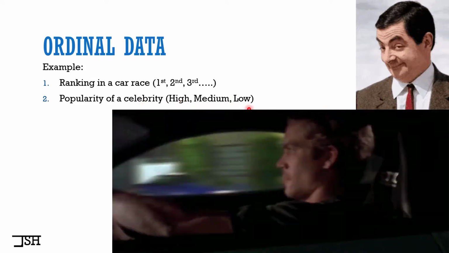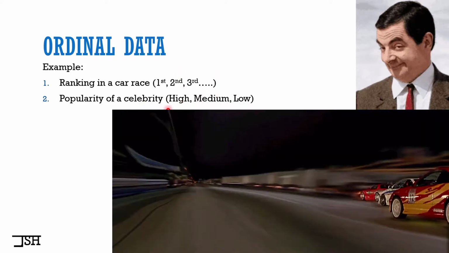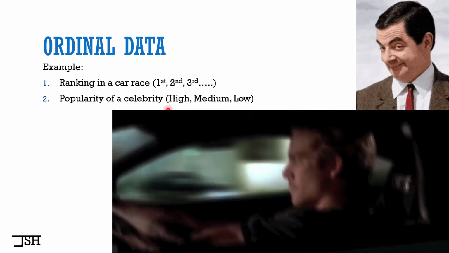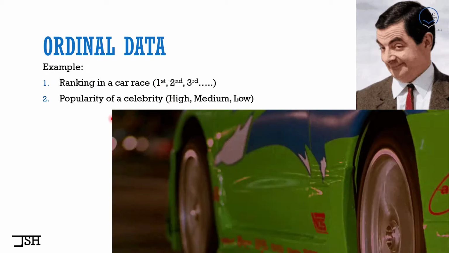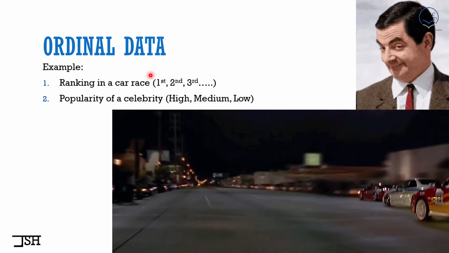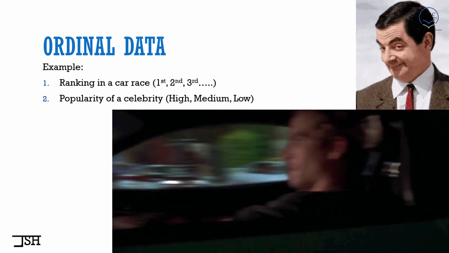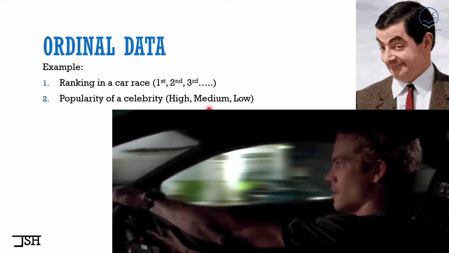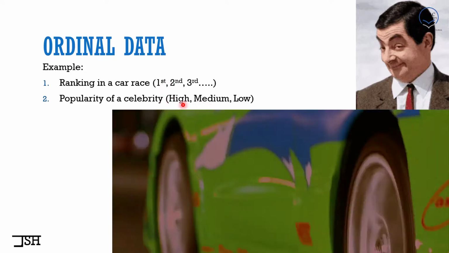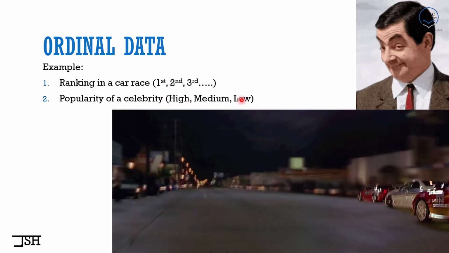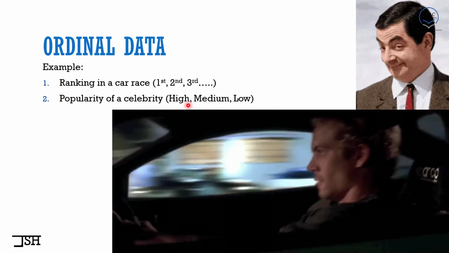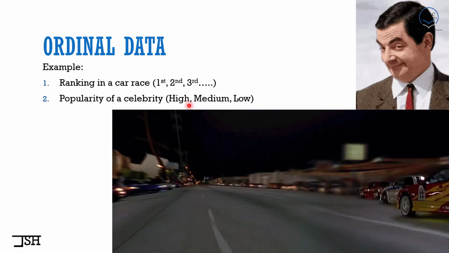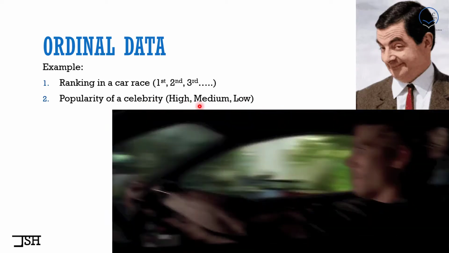Now, I'm giving you 10 seconds to think why specifically this is going to be an ordinal data. So let's think for 10 seconds. Yes, this is an ordinal data. And why is that exactly? The answer to this question fulfills both the characteristics of an ordinal data. Why? Because it has categories.